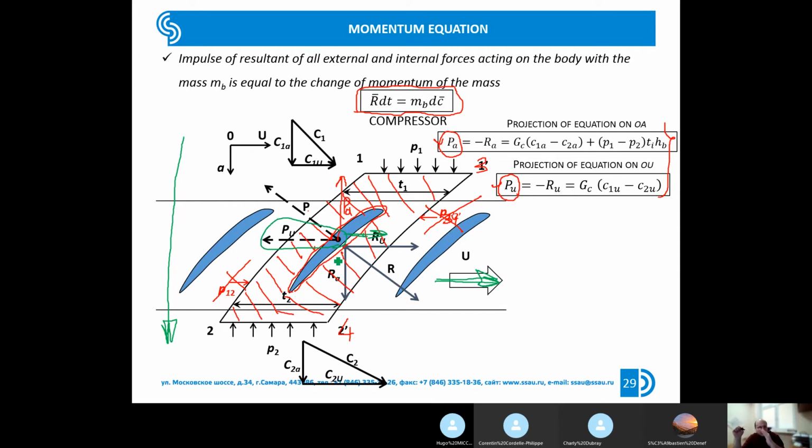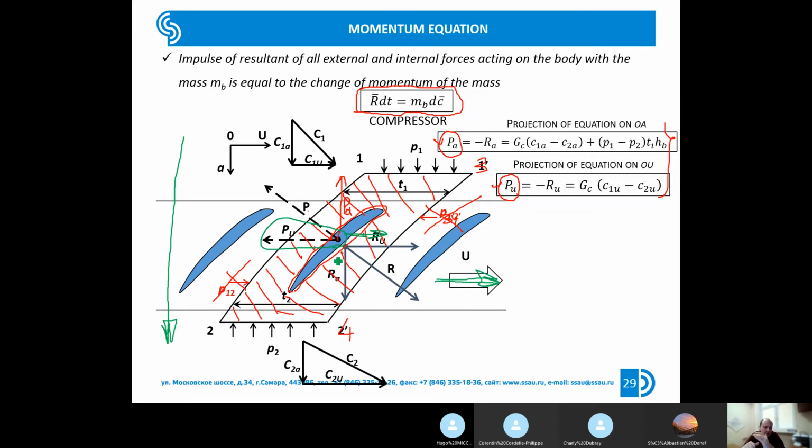We are moving the blades to the right, but we have the force PU, which creates resistance to the movement because it's acting in the opposite direction. It's really strange. So we are moving blades to the right, but we have a force which does not allow us to move to the right. And this force PU creates resistance.